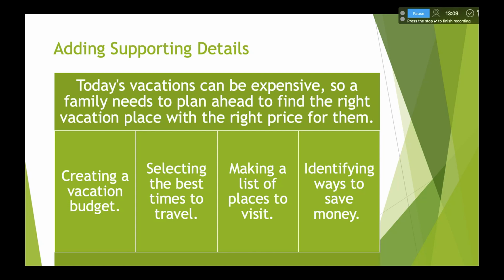I'm going to write about making a list of places to visit, and about identifying ways to save money. So this single point of support can be blown up within the essay itself, because putting all of these points of support in a single thesis statement can become too cluttered and confusing.